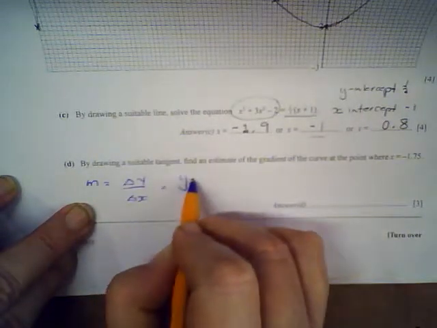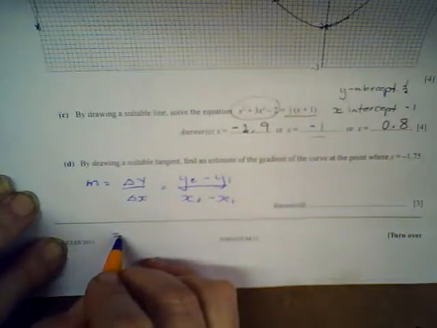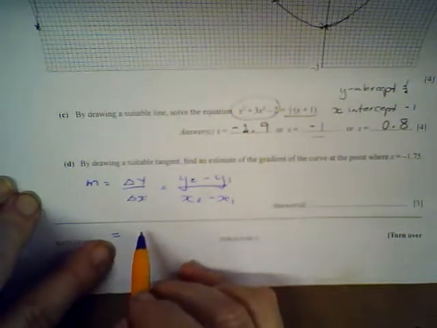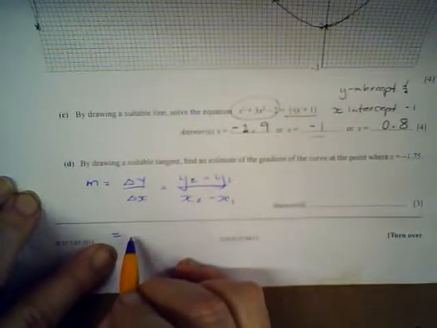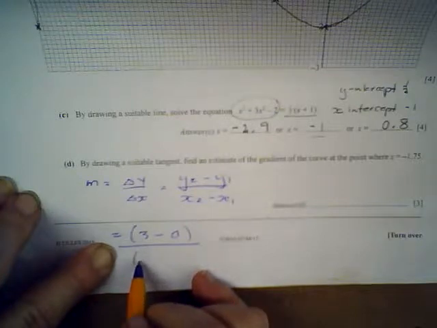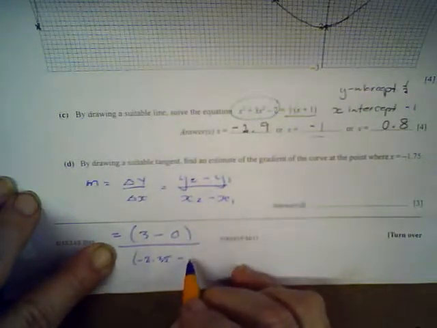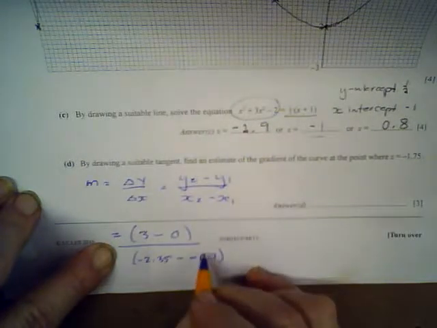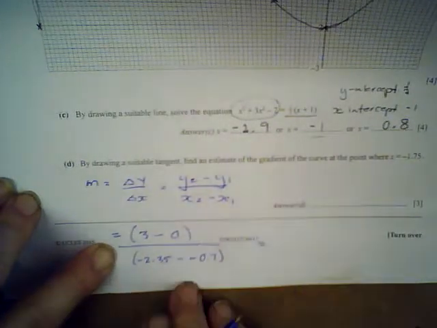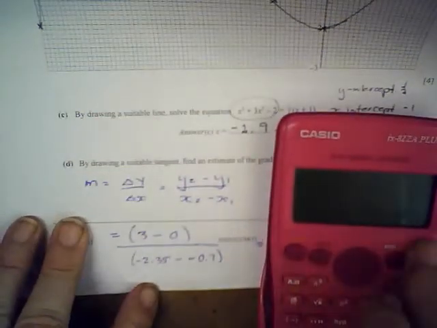That is y2 minus y1 over x2 minus x1. That would give me y2, let's look at it, 3 minus 0, and my x value, negative 2.35 minus negative 0.7. Okay, it will be a negative gradient. I can use my calculator to quickly find the answer.